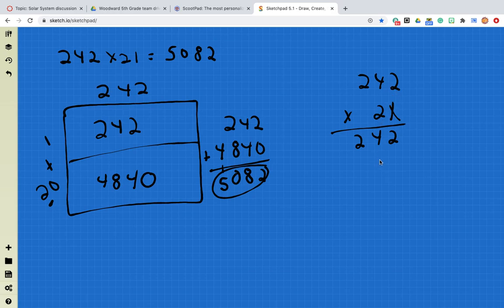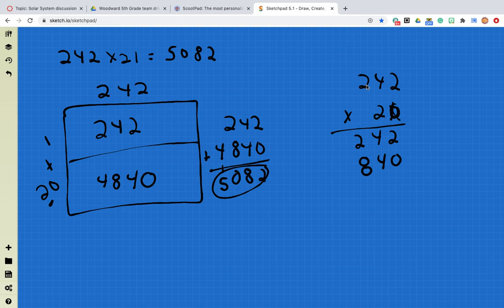2 times 2 is 4 tens, or 40, right? Because this is a 0. 2 tens times 4 tens is going to give you 8 hundreds, because 10 times 10 is 100.